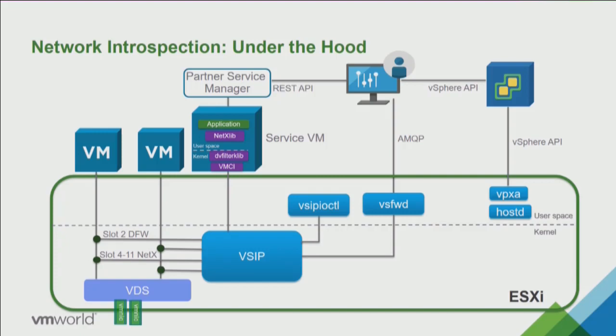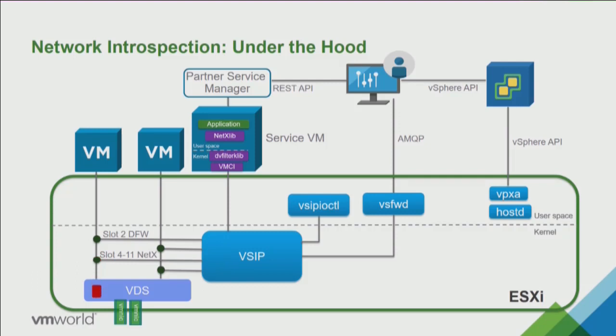Now let's see how the packet flows. If a VM sends a packet, based on the policy, let's say there is a DFW policy that is defined, traffic hits slot 2, DFW policy gets applied, then moves to slot 4. Now there is a policy to redirect the traffic. Now, the traffic goes through the VSIP data plane and then goes through the VMCI channel to the partner appliance.